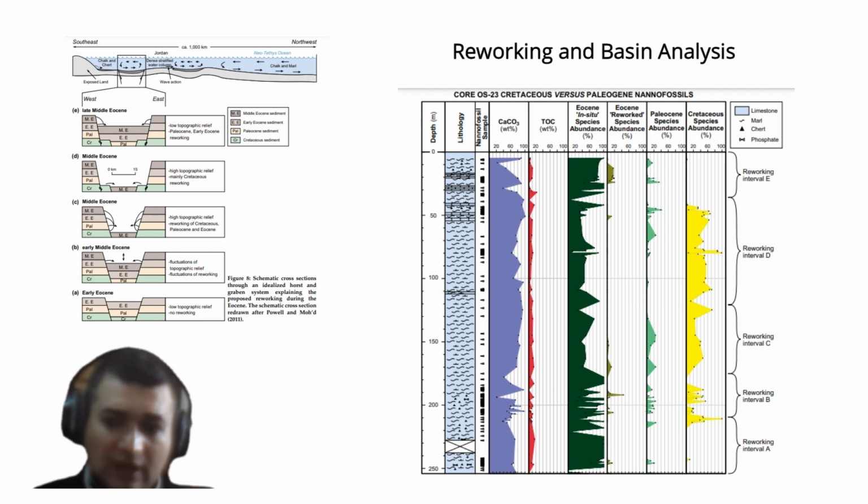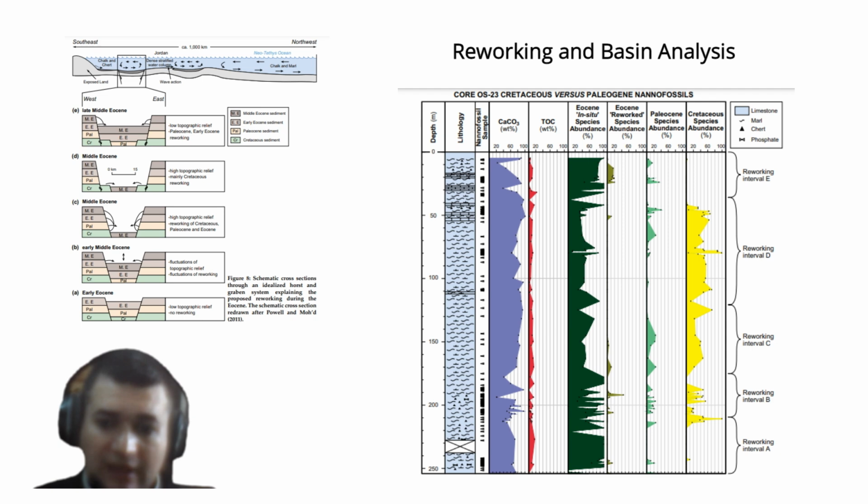Based on that, we can subdivide the section, and as an example, the core OS23 into five intervals, A, B, C, D, and E. In these intervals, we can count the numbers of autochthonous and allochthonous species.